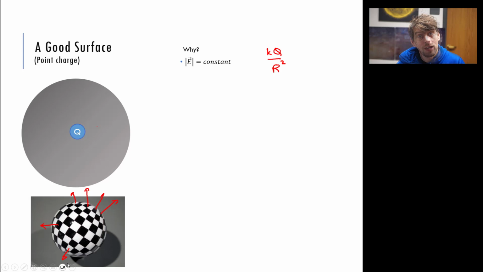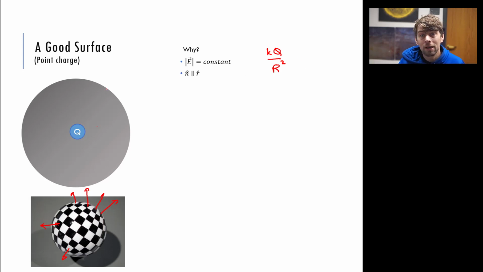Notice that every unit vector on that surface that's perpendicular to the surface points directly away from the center. And so the normal vector for every one of those area elements is in the r hat direction. But wait, the electric field is also in the r hat direction.